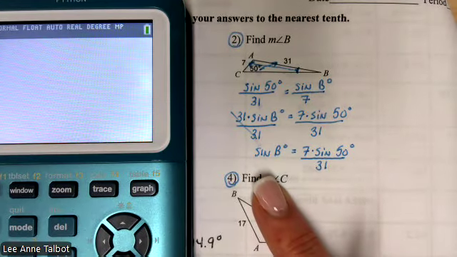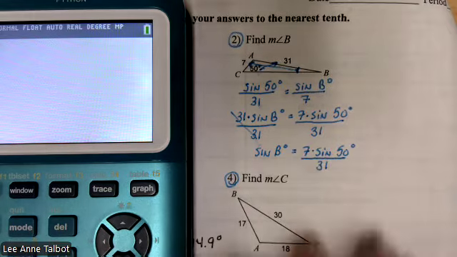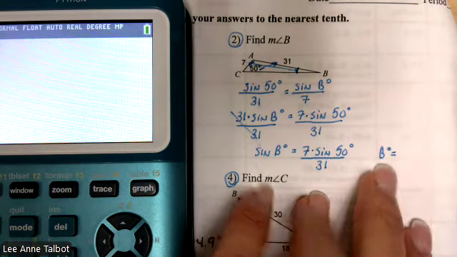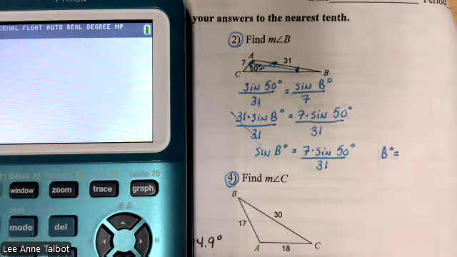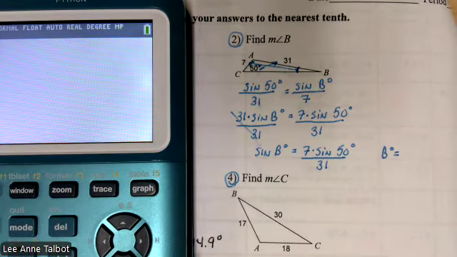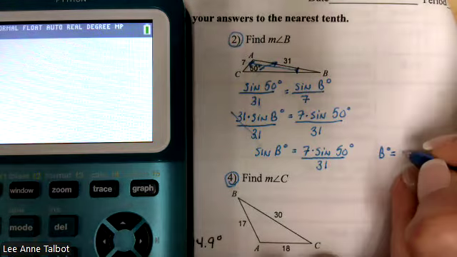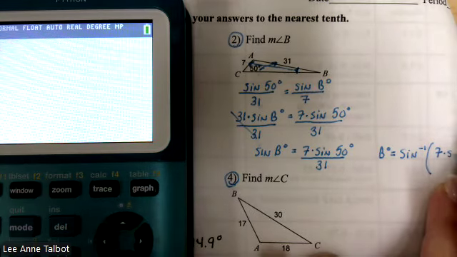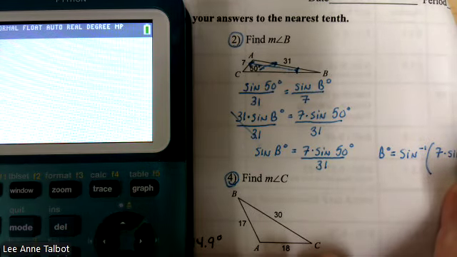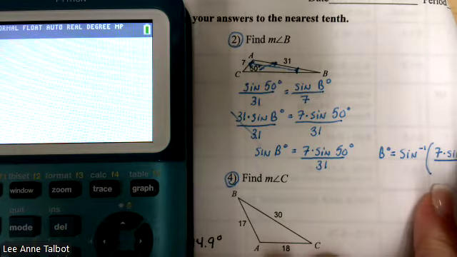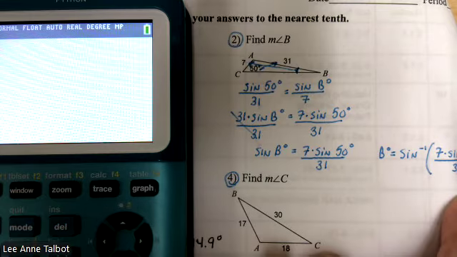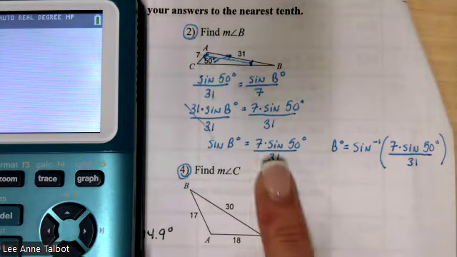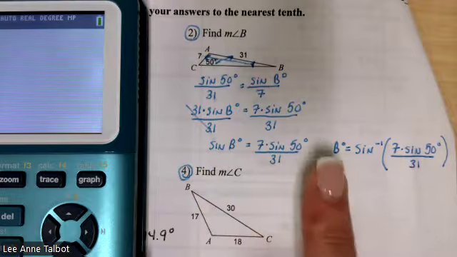Anybody remember how to undo sine? Sine inverse, right? And I usually don't show the inverse both sides. I just put B degrees equals sine inverse of 7 times sine 50 over 31. So I'm sine inversing both sides.